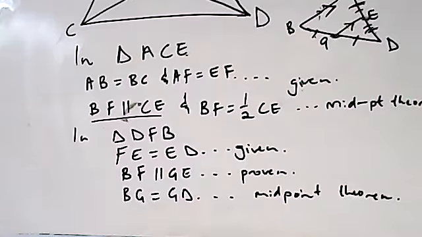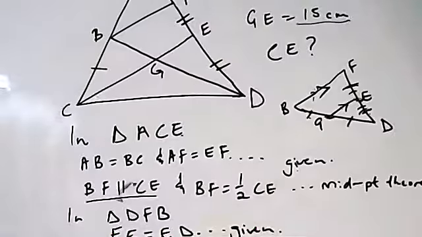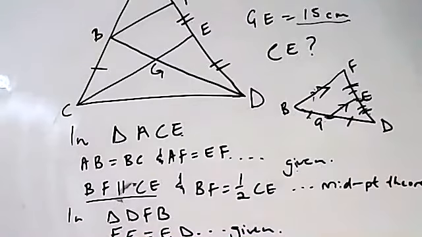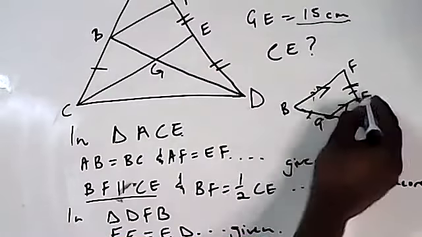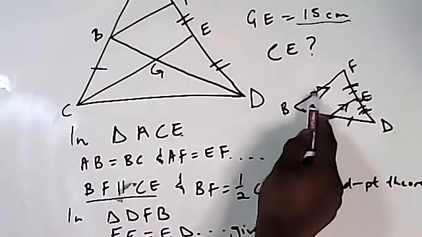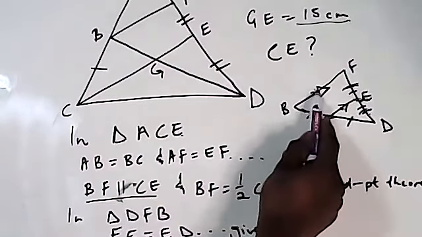Then if you are dealing with the midpoint theorem, do you agree that GE is half of BF? Do you agree? GE is half of this. Remember that in the midpoint theorem, this line is half of this one, right?